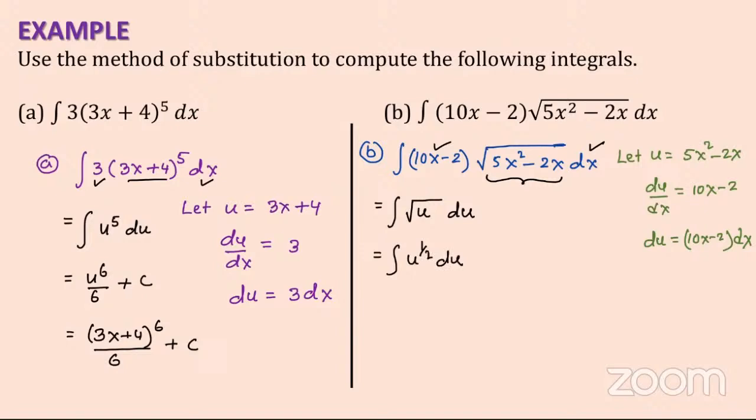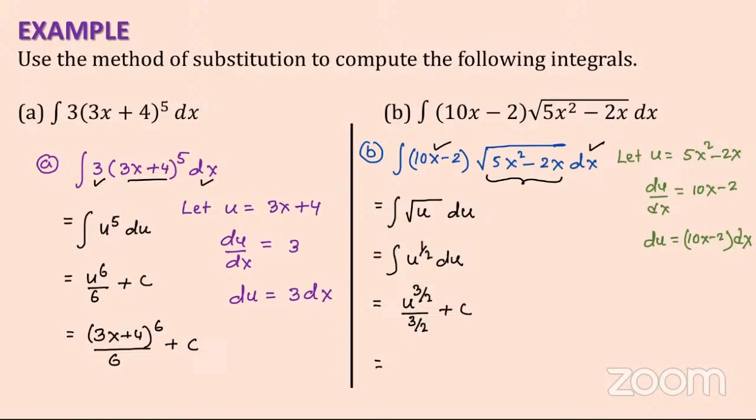And in order to integrate this, you can use the power rule. You increase the power by 1, so that becomes u to the 3/2, and then divide by the new power, 3/2, plus c. That is my answer, but not the final answer, because I cannot leave my answer in terms of u. I must have my answer in terms of x.